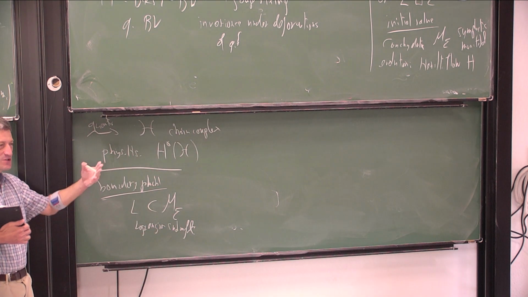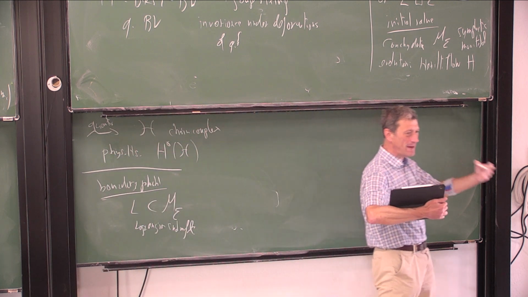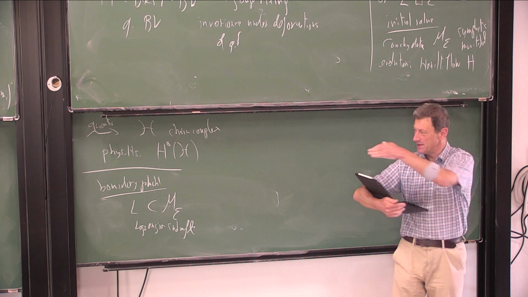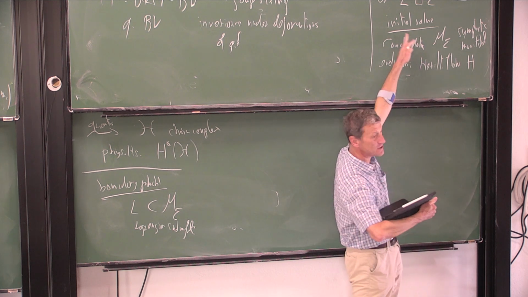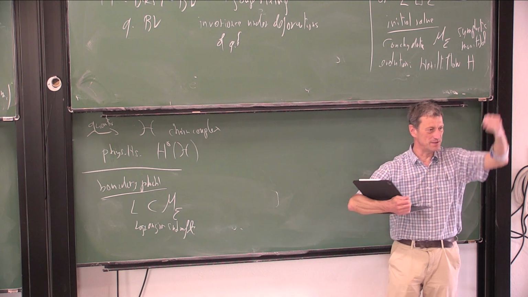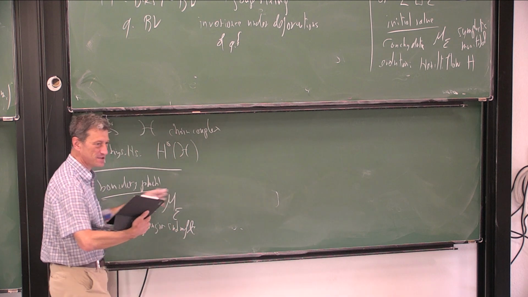For example, if you just take mechanics, the usual phase space, the coordinates are positions and momenta, and typically you fix the positions. Now we have to take a boundary problem, like initial time and final time, and typically you fix positions at the beginning and positions at the end. Just selecting the position inside the usual phase space is a Lagrangian submanifold.